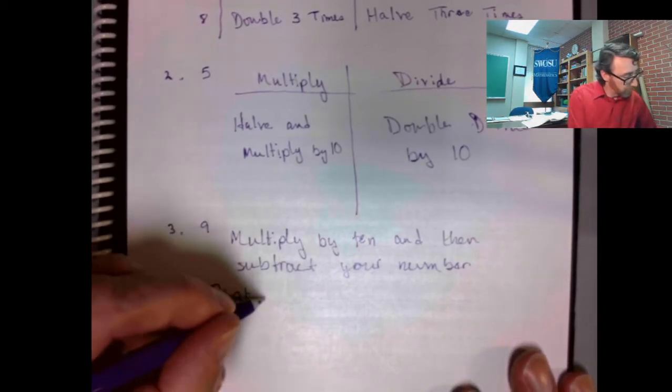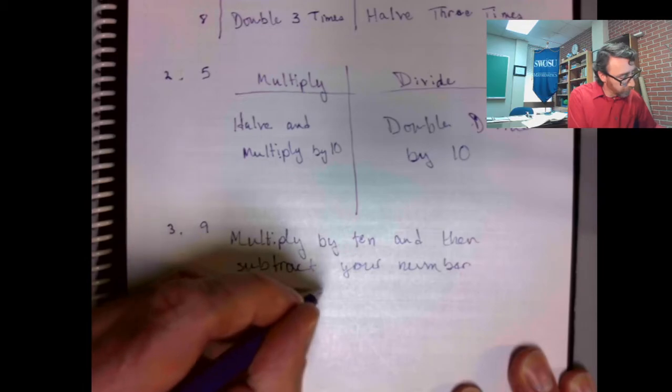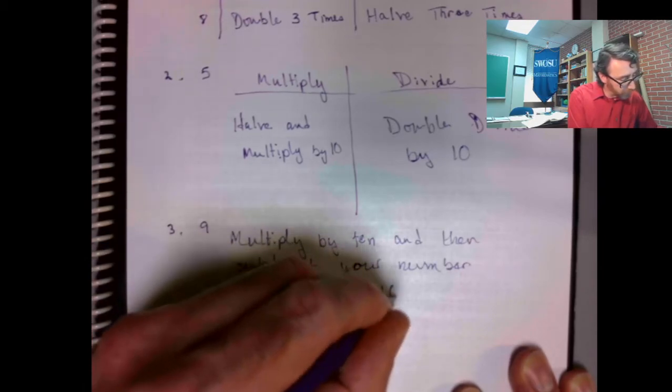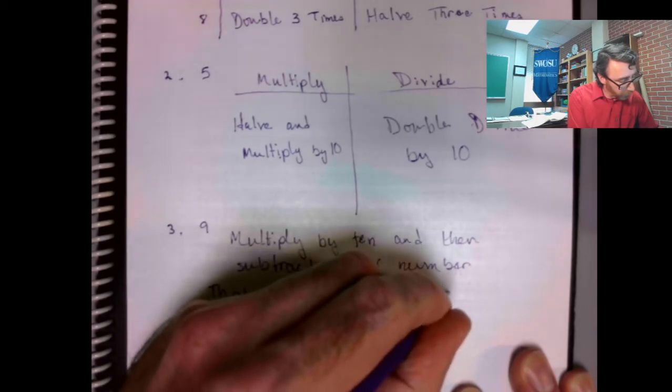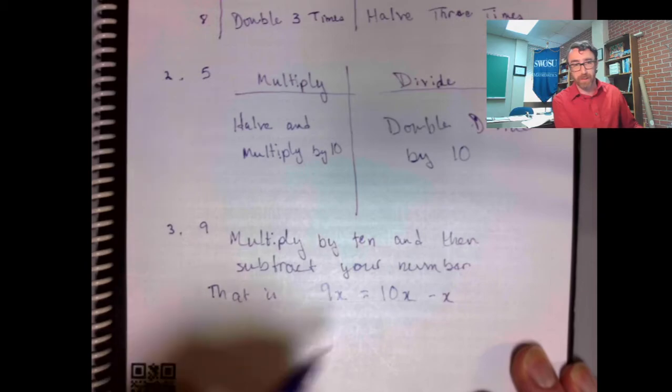And of course we remember from algebra, we're using this property: 9 times a number is equal to 10 times the number minus the number. You remember combining like terms. If you do 10x minus x, that's 9x.